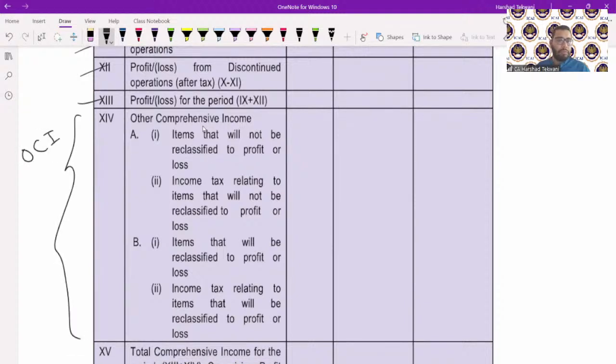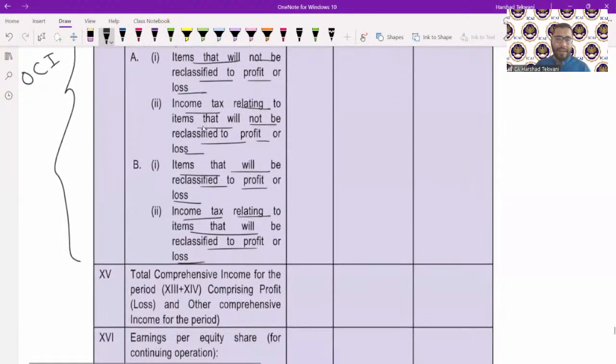OCI, other comprehensive income, which was not present earlier, but it is present over here. Items that will not be reclassified to the profit and loss account, income tax relating to those items. Items that will be reclassified to the profit and loss account, and income tax relating to items that will be reclassified to the profit and loss account.